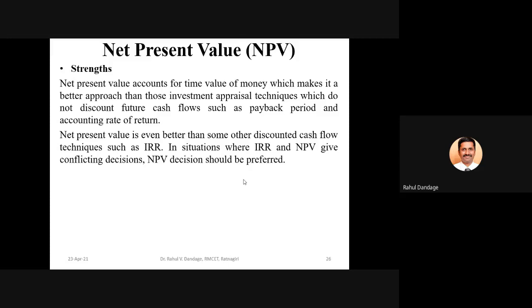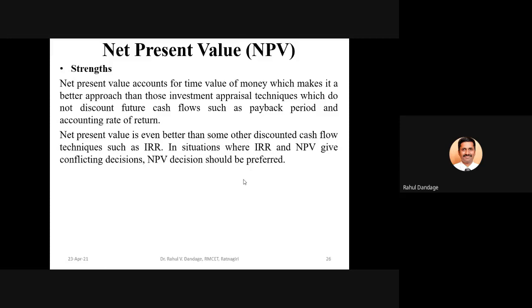This net present value is even better than some discounted cash flow techniques like internal rate of return. So there are certain advantages of net present value method over the internal rate of return method, even though both the methods are taking into account the time value of money.